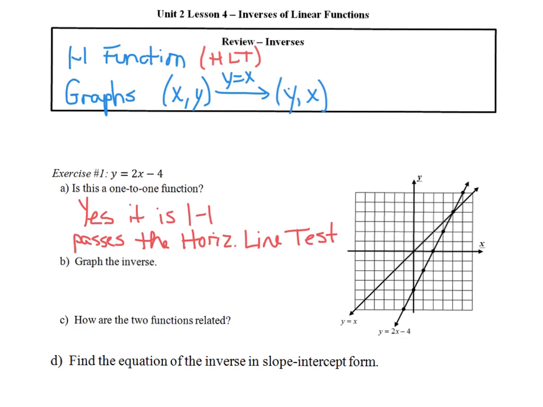So now in order to graph the inverse function, I'm going to make a table of values for my original function, the function that's given to me, y equals 2x minus 4. I'm specifically looking at points that are designated on the graph. So the first point that I'm looking at is going to be the point -1, -6. I see that we also have the point 0, -4.